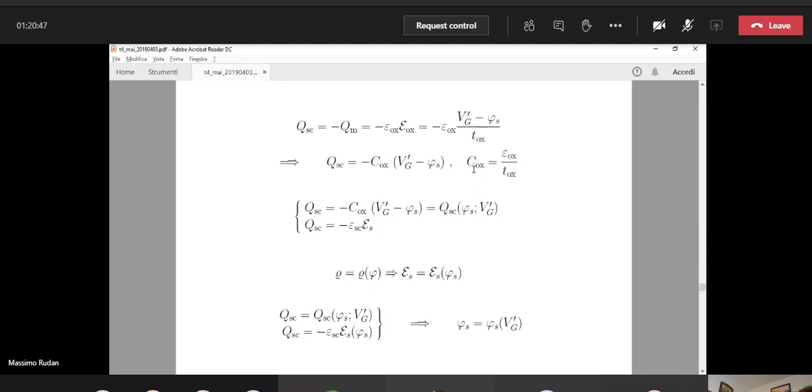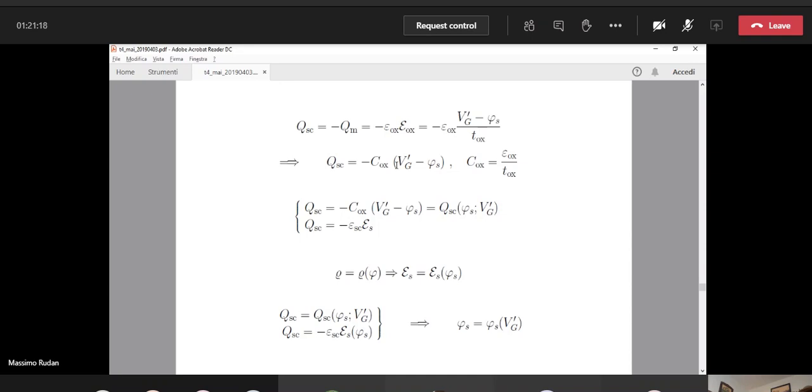Using this definition, we have a very compact relation that connects the charge in the semiconductor per unit area to the surface potential. The other quantities are given: Vg prime is the applied voltage, and the capacitance per unit area is also given.